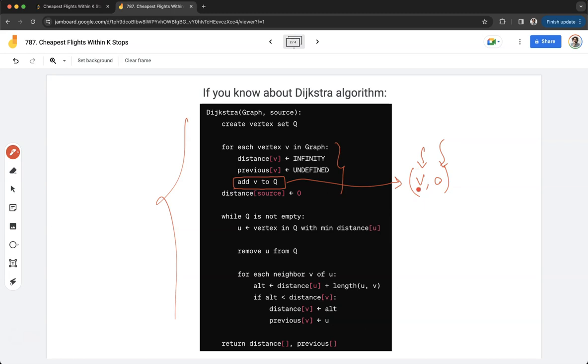Okay, does that make sense? So we are modifying this Dijkstra algorithm and saying, hey, from now on, the nodes look like this. It's not just the node index, it's also the number of stops.